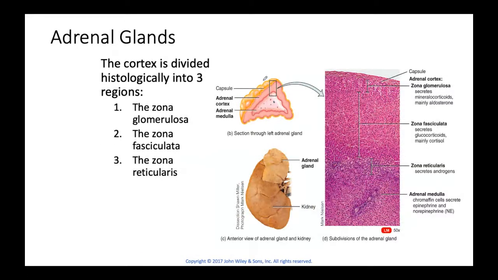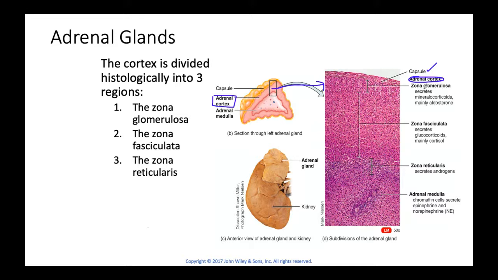So here, this is important to know for lecture and lab, we see that we have the adrenal cortex. Histologically, when we look at it under a microscope, here's the adrenal capsule, that's the outer part. Now we're going to be looking at the adrenal cortex, right? So we're taking this and we're blowing it up here.